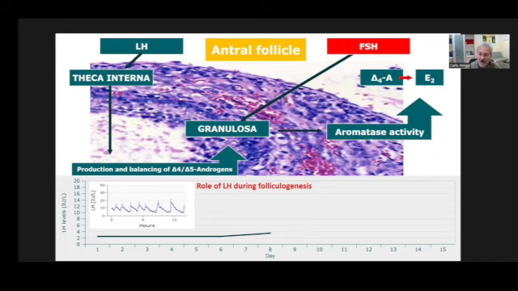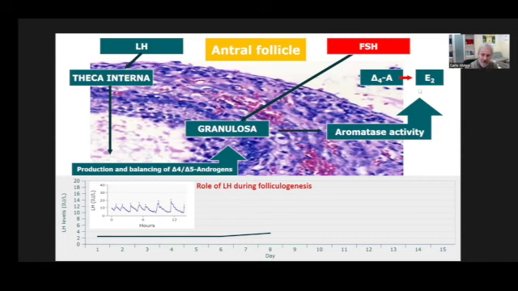In granulosa cells, we have the aromatase activity, which is under the control of FSH. So these androgens are produced in theca because of LH, move to granulosa, and in granulosa by FSH are converted into estradiol. FSH induces aromatase activity, and aromatase converts the androgens into estradiol.